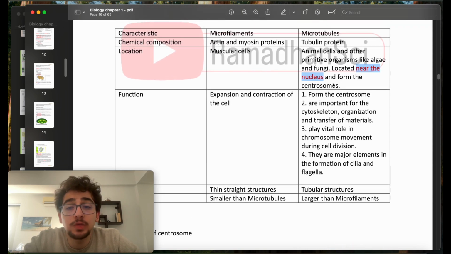And the microtubules will eventually form the centrosomes. Okay, the centrosomes that is also found near the nucleus will help the movement of chromosomes towards the opposite poles during the cell division. And it is made up of microtubules.